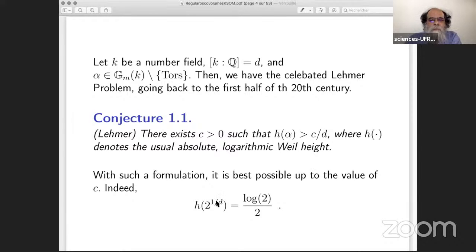Because you can have an easy example. You take the d-th root of 2, and you get, sorry, there's a misprint here. It should be log 2 over d. You should correct that thing. But apart from that, the statement is correct.